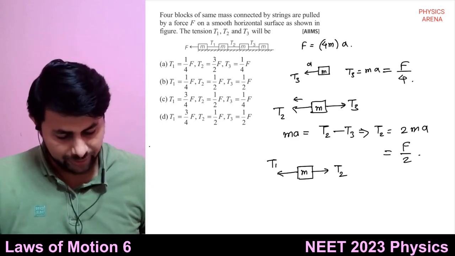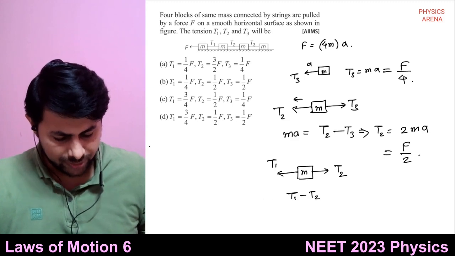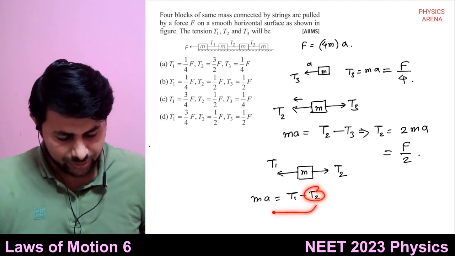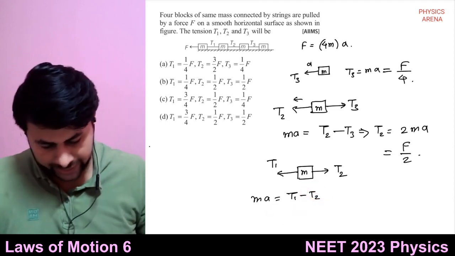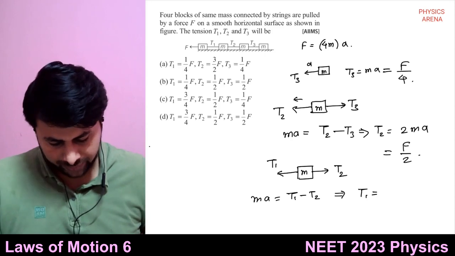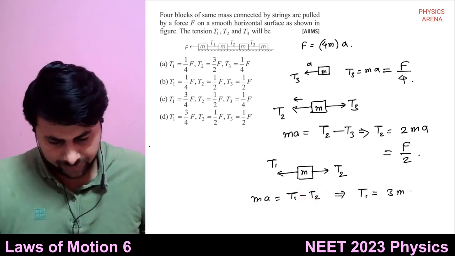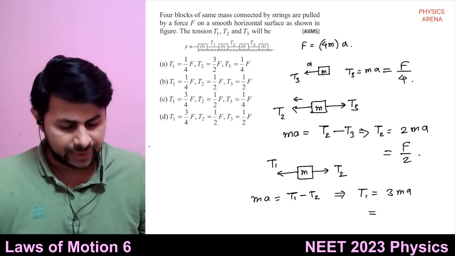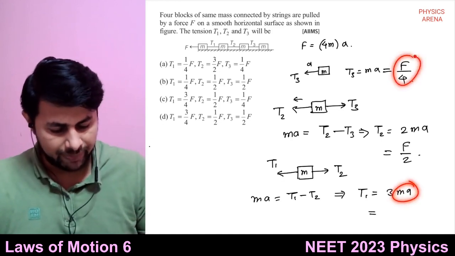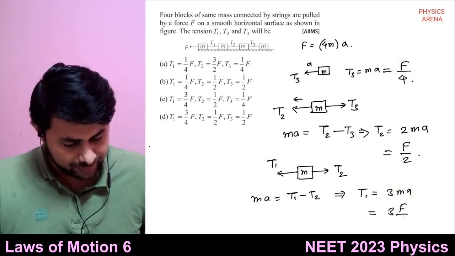So T1 minus T2 is also m times a. Take T2 on the other side, so T1 equals T2 plus ma, that is 3 ma. And ma is equal to F by 4, so this is equal to 3 times F by 4.